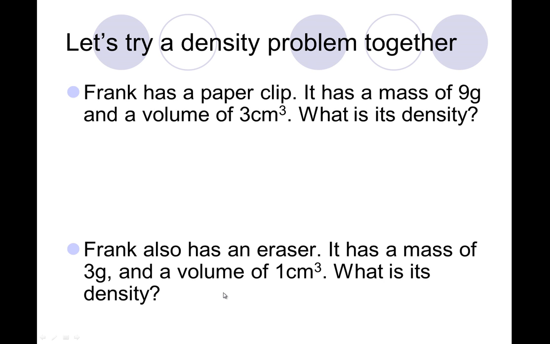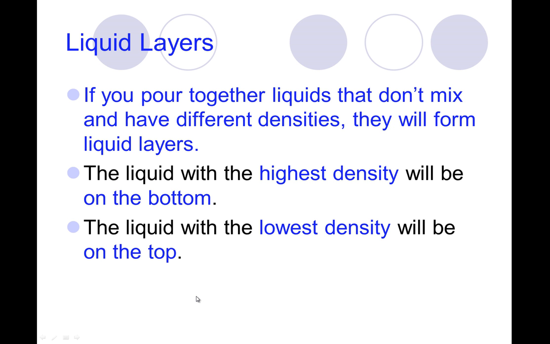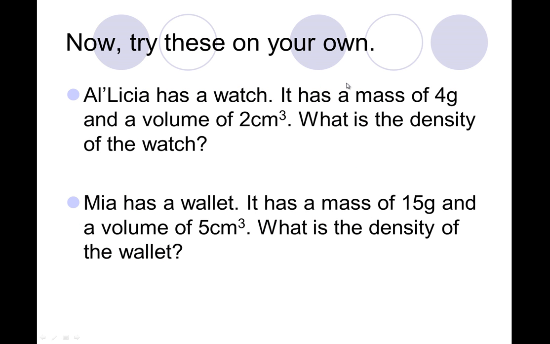It has a mass of 3 grams and a volume of 1 cubic centimeter. Again, let's put these 3 grams over 1 cubic centimeter, and its density is 3 grams per cubic centimeter. Alright, I want you to try these two on your own. So be sure to pause and work it out. Don't forget your units.